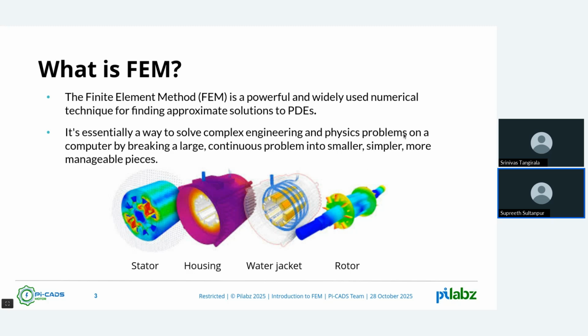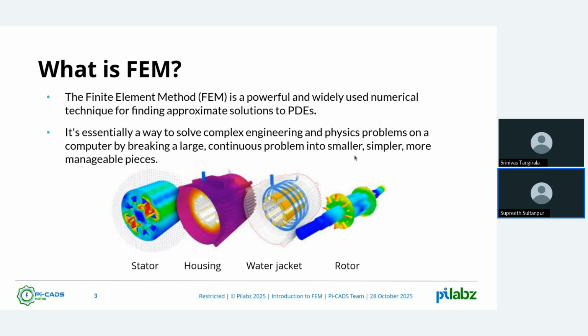For example, here we have shown a set of images relating to a motor. The first image is a stator, where you are looking at forces as the rotor rotates around the stator. At the center of the stator, what are the forces, what are the stresses produced within the stator? Then we have an image of the housing where we are looking at the temperature distribution. Then we have a water jacket which cools the housing.